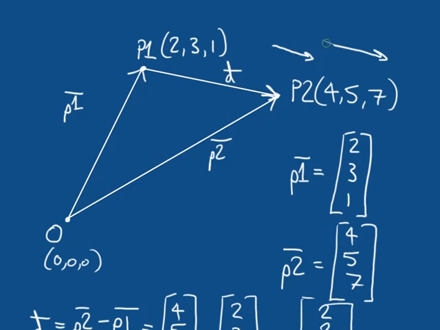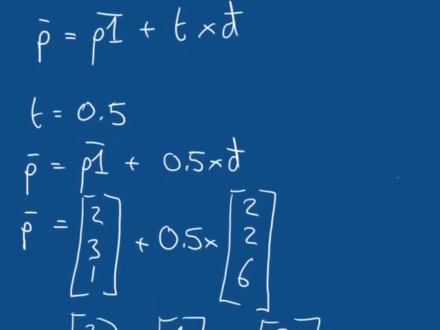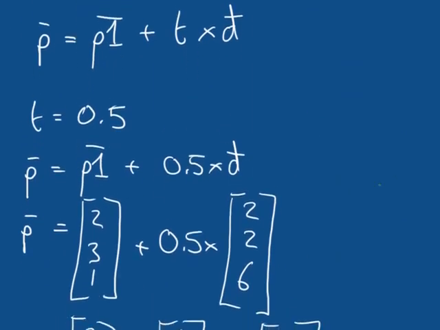So I'm going to clear some space. And I think what I'm going to do is reuse some of the workings that we already had here because I'm running out of whiteboard. So I'm going to say that p is equal to p1 plus t times d. We know this already, but I'm going to say what happens if we use the parameter value of 0.25 for t.